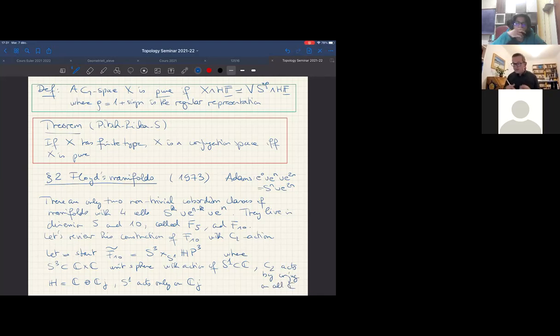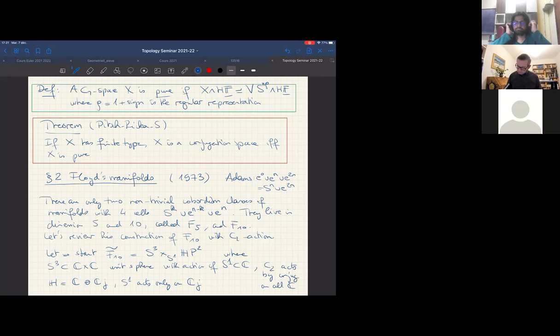So on S3 as a subspace of C times C with the conjugation action, and on H, oh, I wrote HP3, but it's HP2, sorry for that. So yeah, HP2 is 8-dimensional, S3 is 3-dimensional. We take the action on the S1. This is a 10-dimensional manifold. So that's F10 tilde, okay?